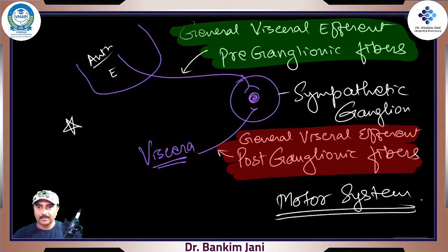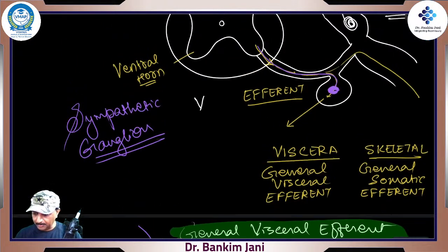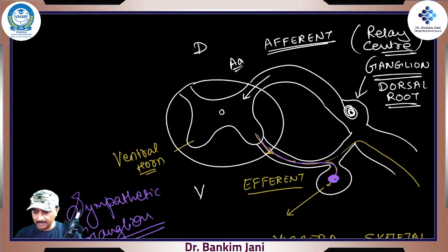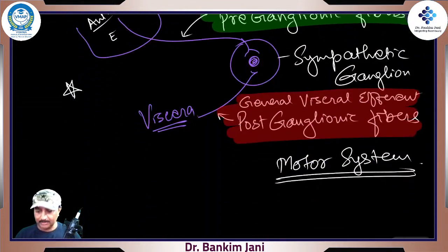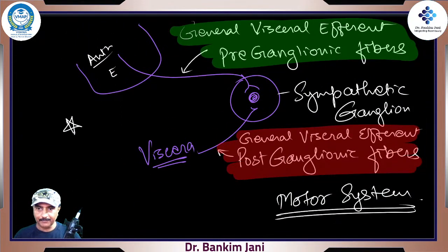Okay. Any doubt till this point of time? Any query? Because now we'll be taking the next concept. We'll talk about somatic, afferent, everything. But any doubt till this point? If yes, do ask. If everything is good, we move on to the next concept.